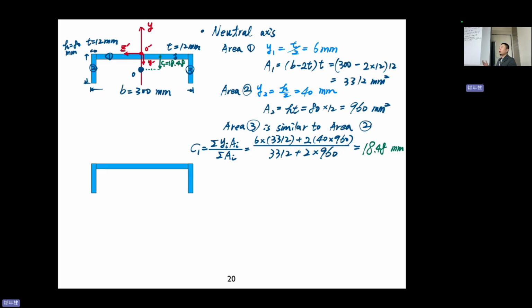The definition of C1 is the positive maximum. Why, right? How about C2?